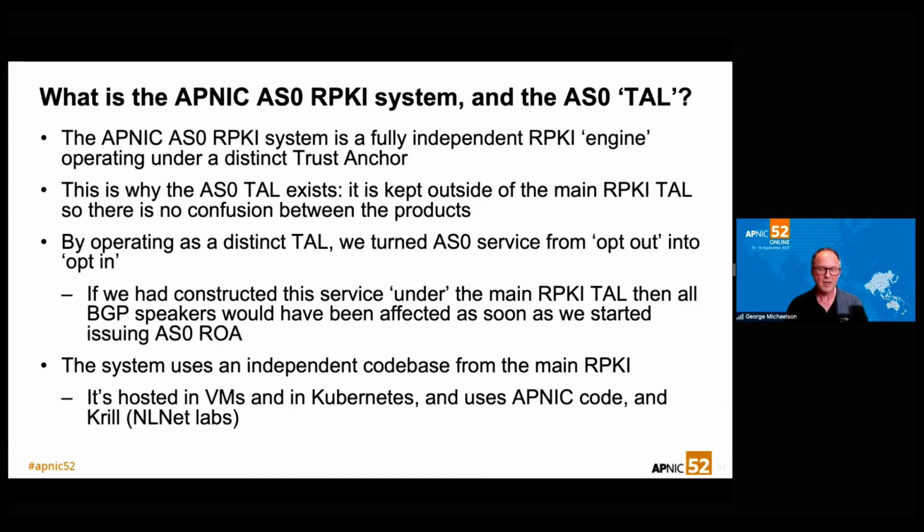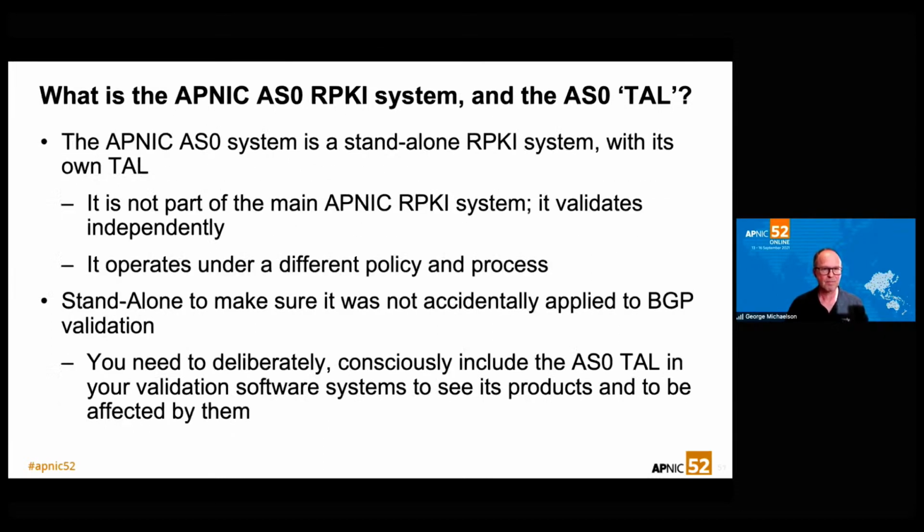We even run an independent code base, new code, different code, and parts of our mainline RPKI system have been repurposed. We use Krill for this system, which has been developed by NL Labs, and we're operating in VMs and Kubernetes.